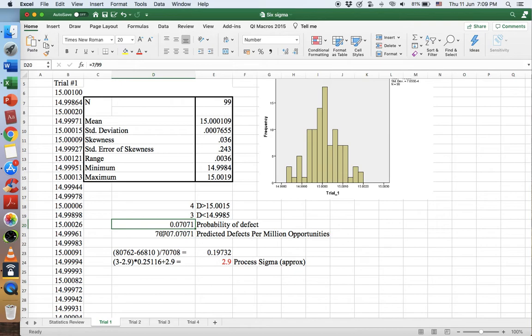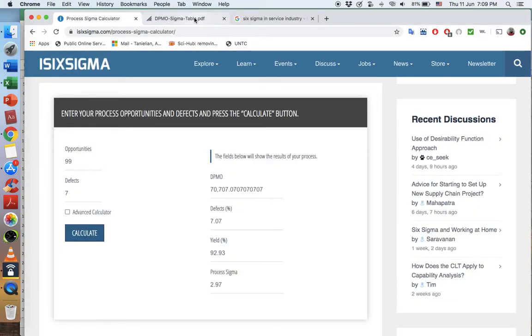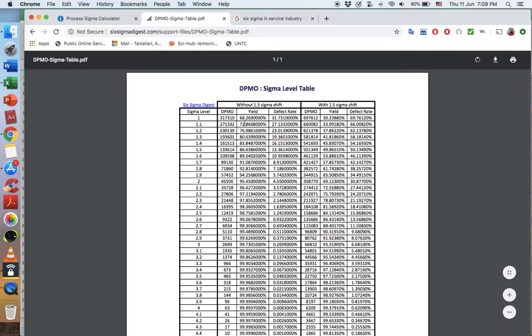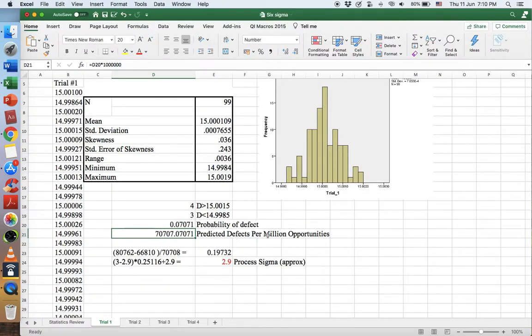Pretty simple. And so I multiply that by 1 million to come up with an important measure in Six Sigma certification and studies: DPMO, defects per million opportunities. Now this is predicted because we don't have a sample of 1 million.